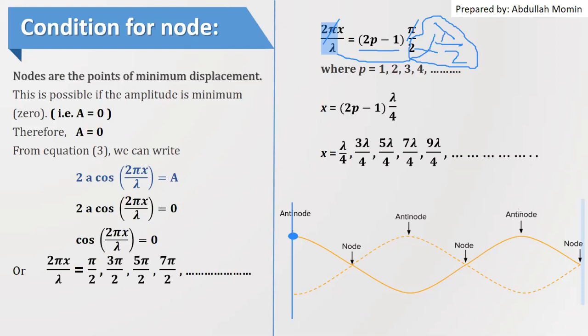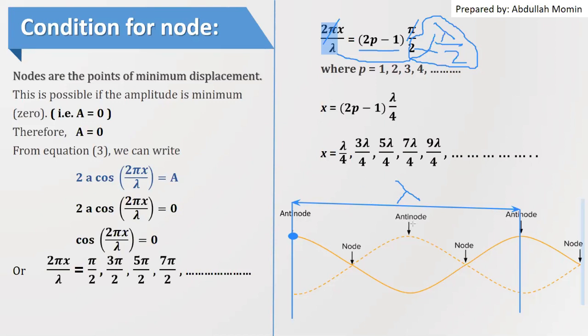We are calculating the distance between two successive crests, and the distance between two successive crests is nothing but the wavelength. We will write this distance as lambda.